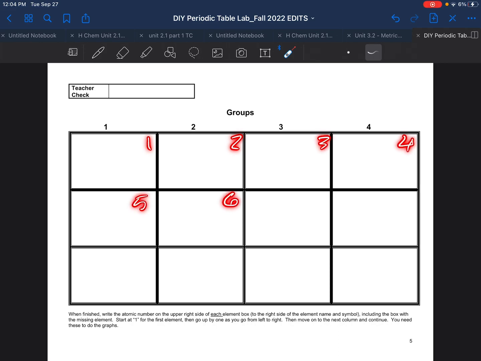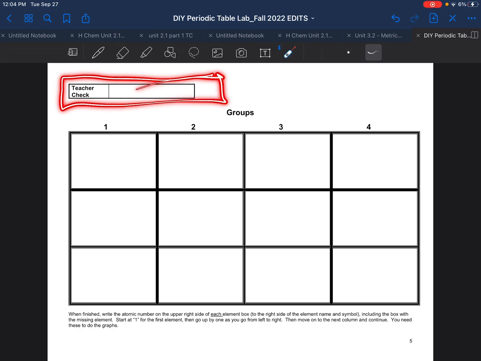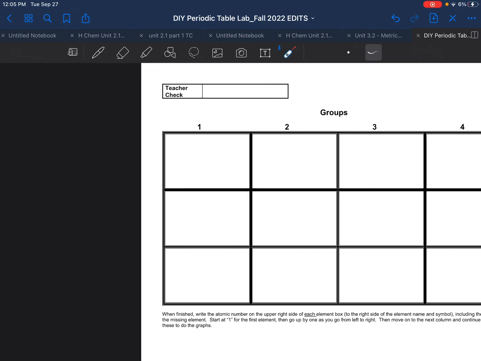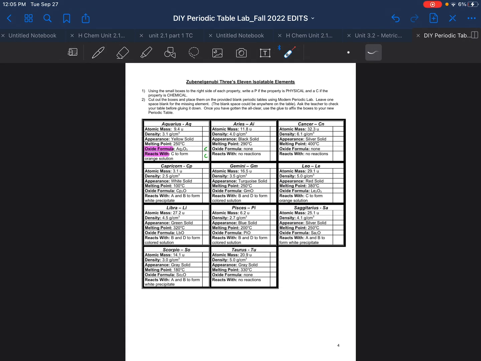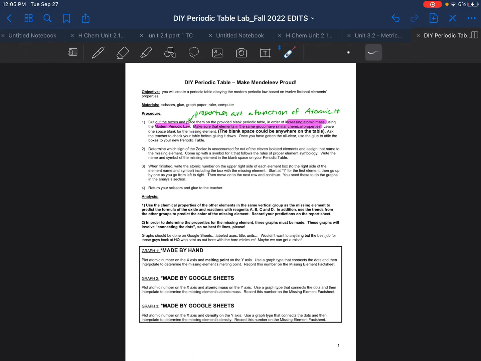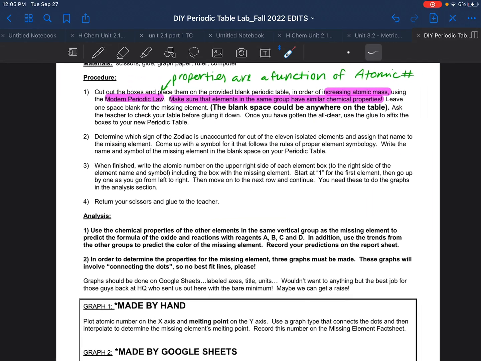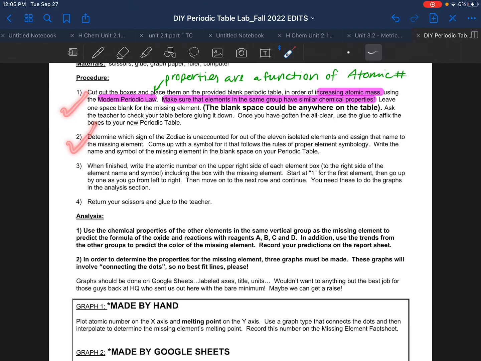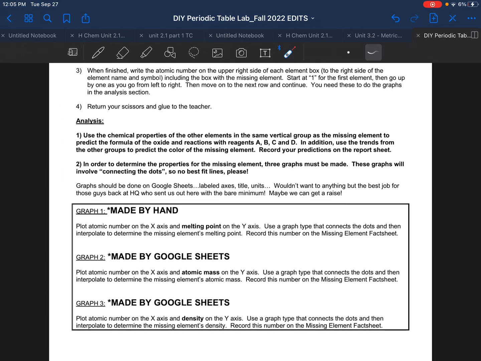Then check with your sub to make sure that you have everything in the correct spot before you continue on. Once you have that done, so far you've done 1, 2, and 3, right? Then you're going to start the analysis.